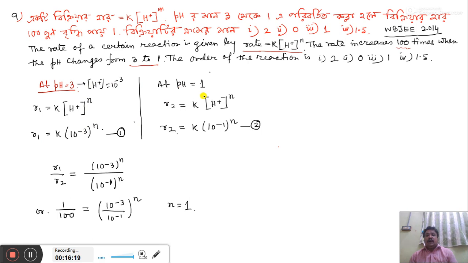Similarly at pH 1, R2 is equal to K into 10 to the power minus 1 whole to the power n. Dividing equation 2 by 1, we get the value of n, which is 1. So the reaction is first order in nature.